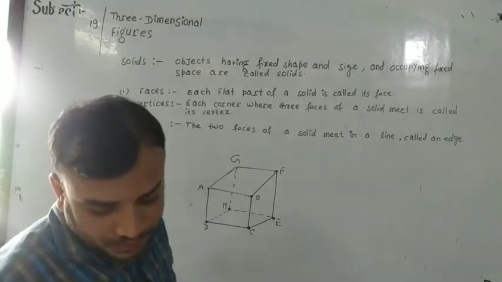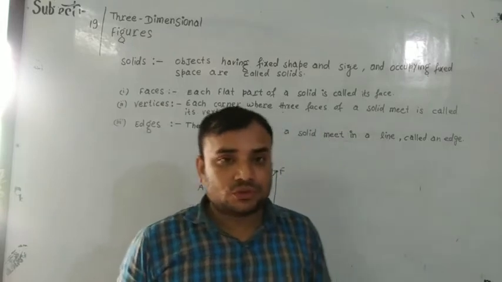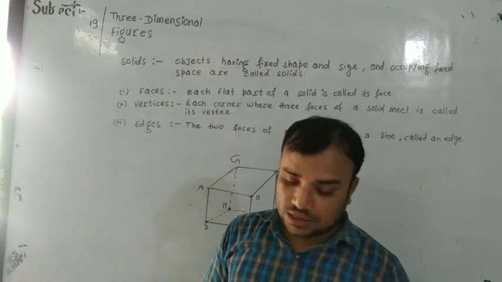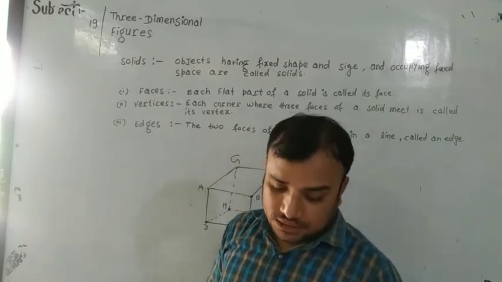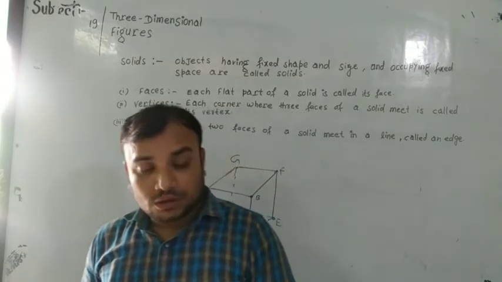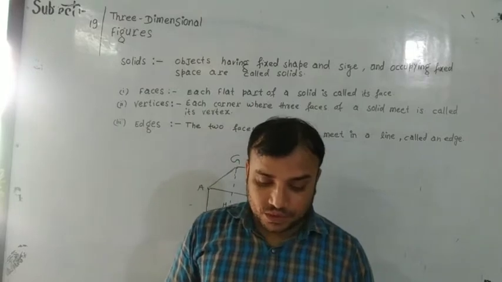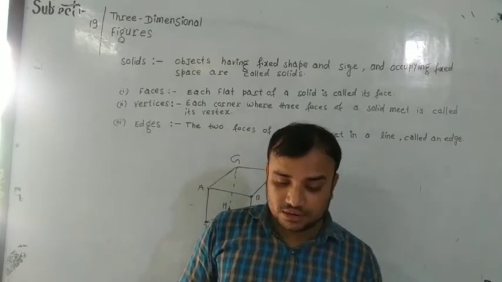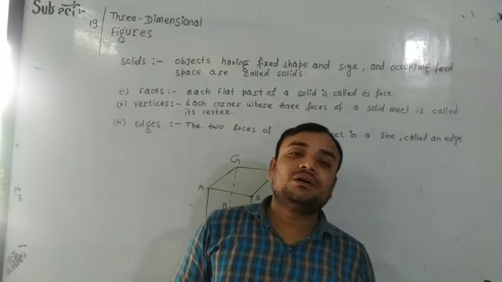Now dear students, what is a cuboid? A solid bounded by 6 rectangular plane faces is called a cuboid. You see a brick, tile, these are cuboids.